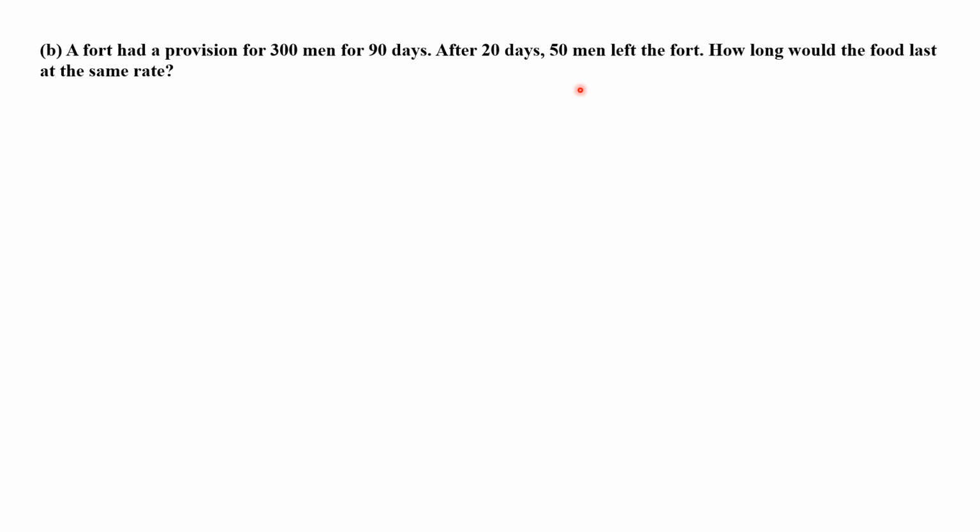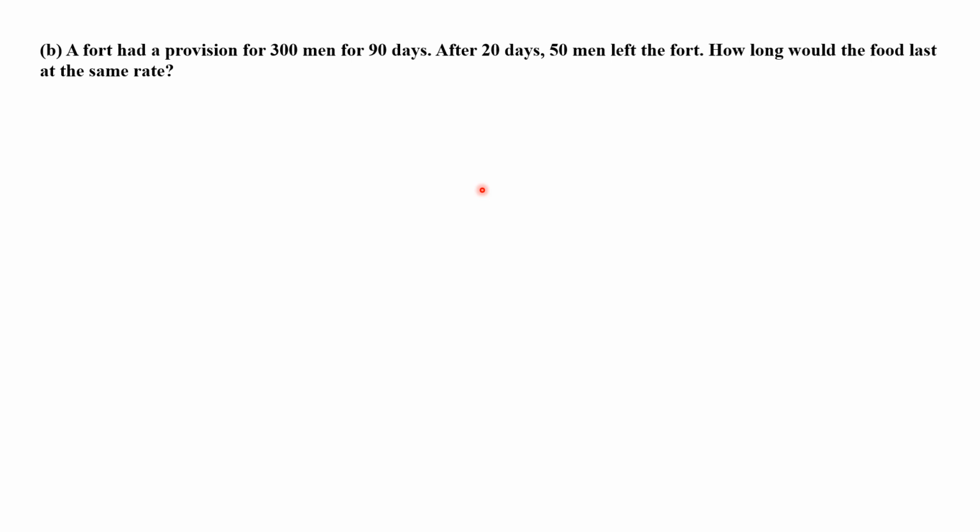The food which you have purchased for 1 month will become less, isn't it? As the number of men increases, the food will not last for one whole month. It will be over soon, isn't it? So from here you can see that it is in inverse proportion, isn't it? As the number of men is decreasing, the food will last for a greater number of days.